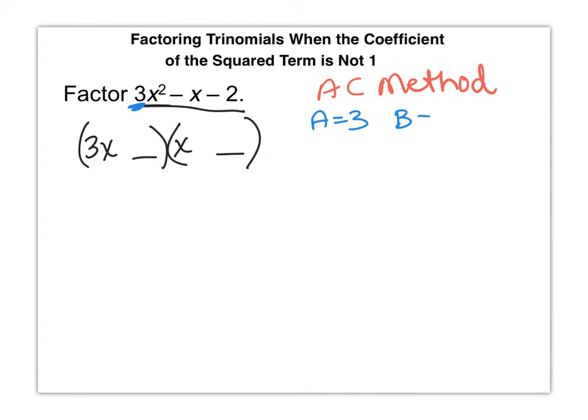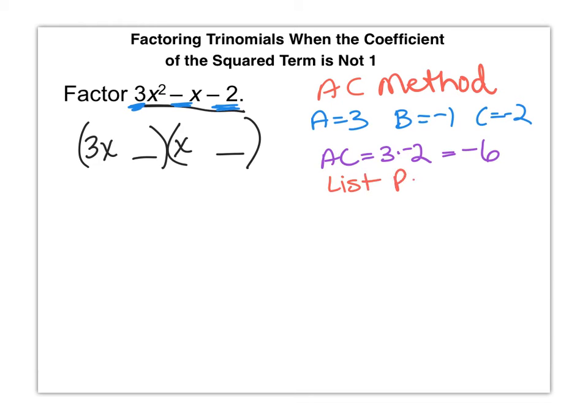The B is the middle coefficient, the coefficient of the x term, which is negative 1, and C is the constant term here, which is negative 2. We multiply the A and C together, so A times C is equal to 3 times negative 2, which is equal to negative 6.